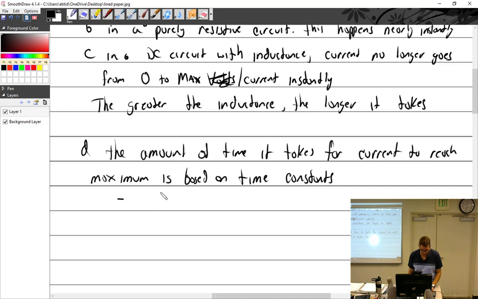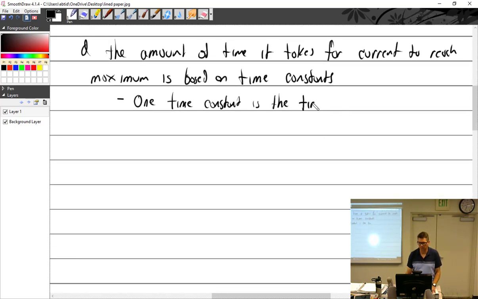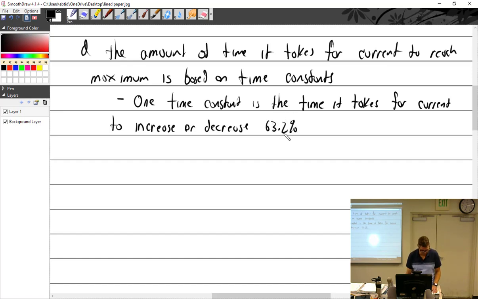One time constant is the time it takes for current to increase or decrease, because it's on the way down too, 63.2% of the previous value. I'll explain that in a second.